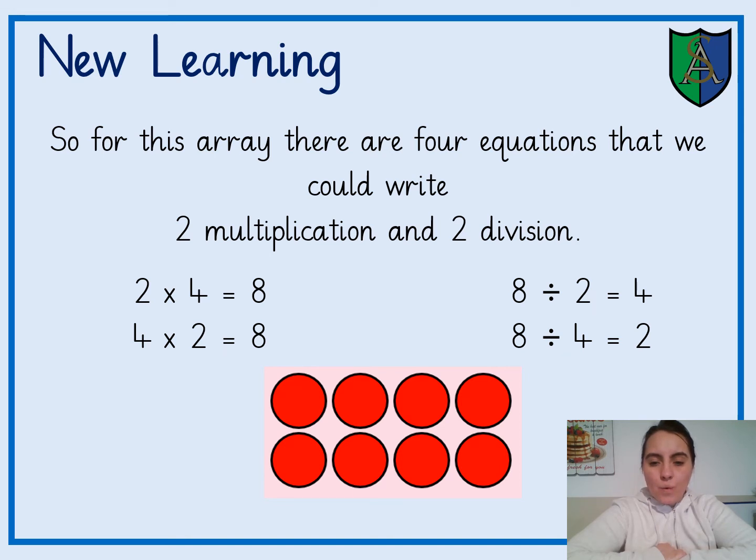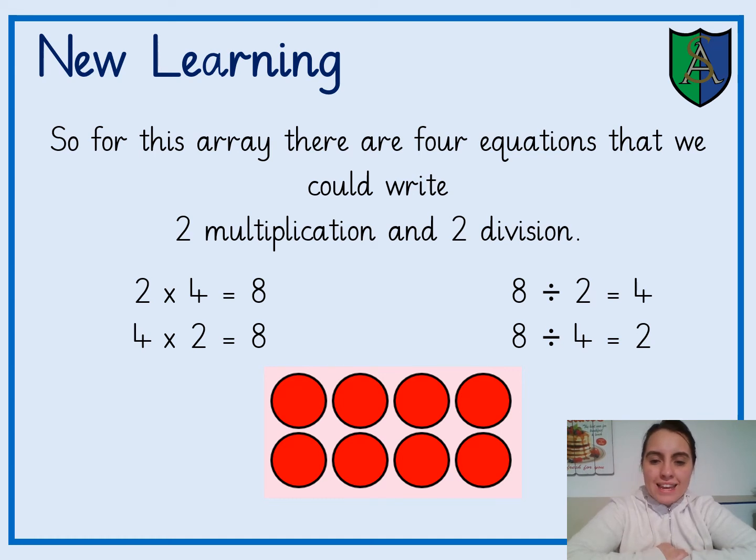So here we are able to write our 2 multiplication equations. Remember, multiplication is commutative. So those numbers can be swapped around and they will still equal the whole. So remember that when you're trying to find your multiplication equations in your independent task today.